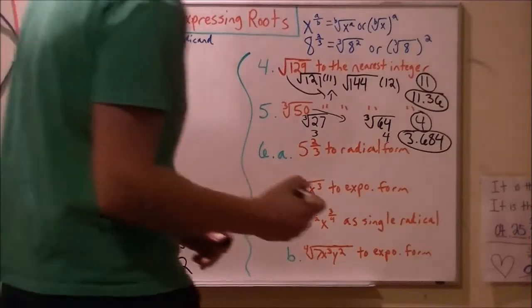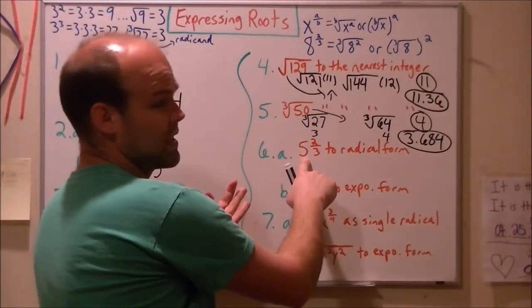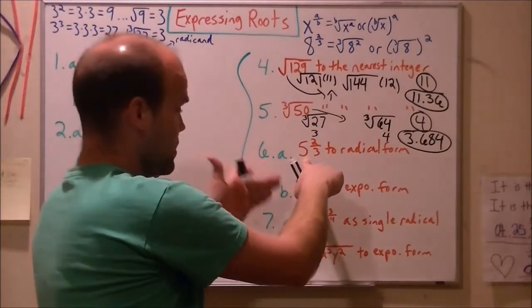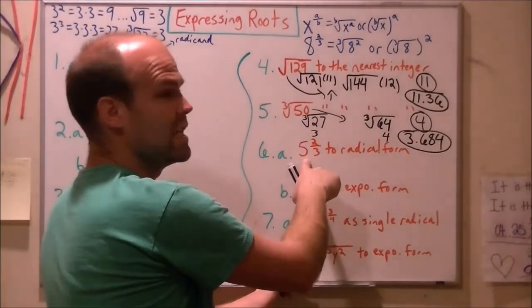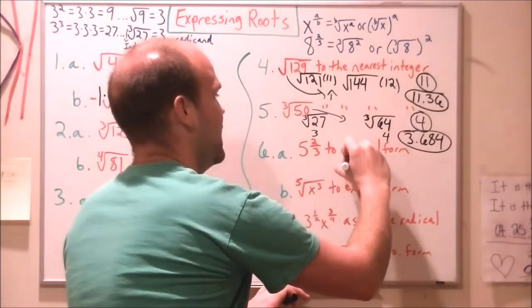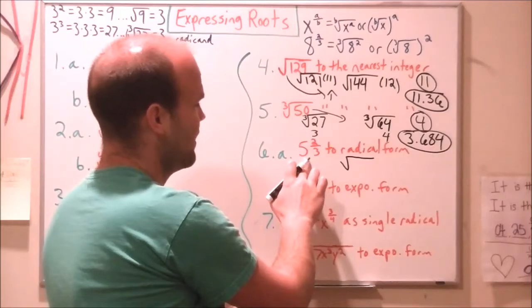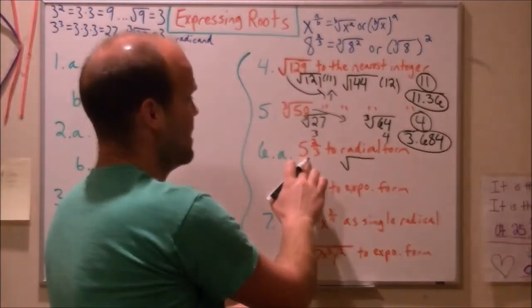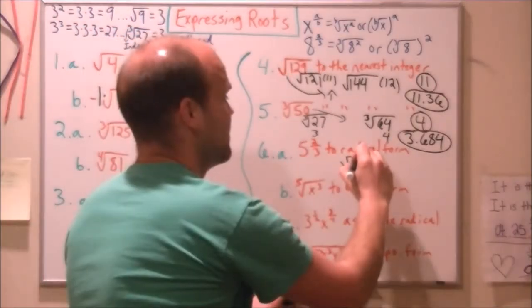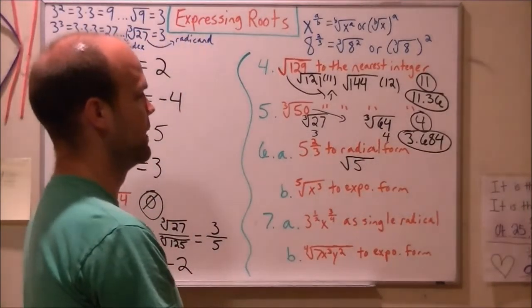How do I do that? I take the main term, the big thing, itself, and put it under a root symbol. In this case it's a 5, and that's my big number under the root symbol.